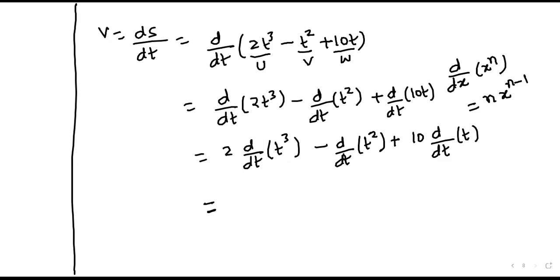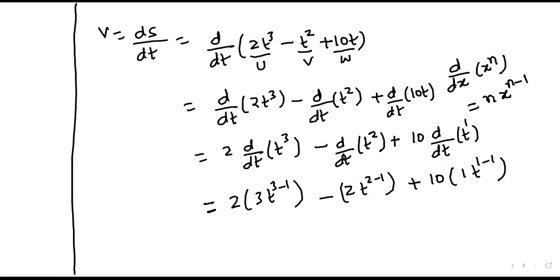Apply the formula: 2 times 3, t power 3 minus 1. Similarly, d by dt of t square, 2 times t power 2 minus 1, plus t, I can write as t power 1.